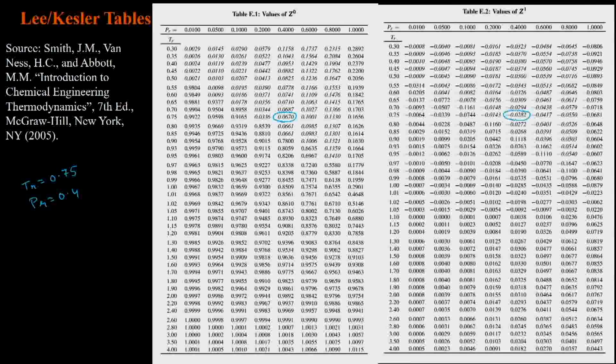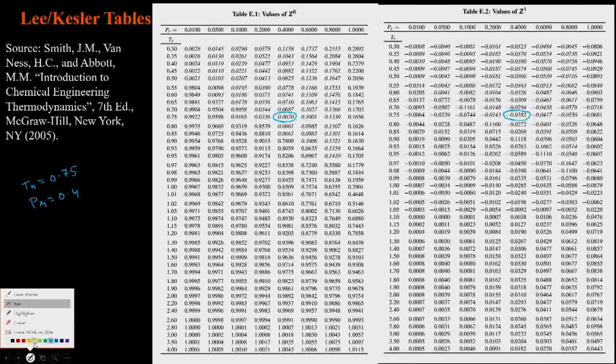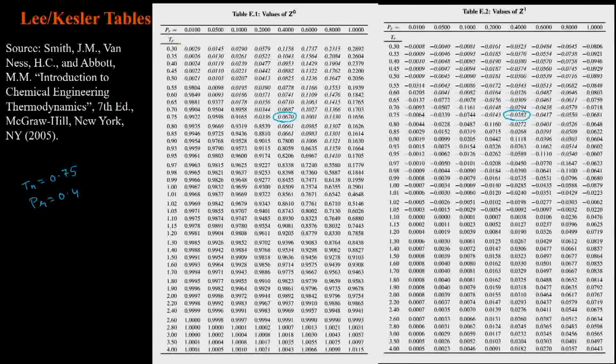Now, if you look at the tables closely, they are marked differently than the rest of the tables. Everything in the table, this part, this part, this part, right?